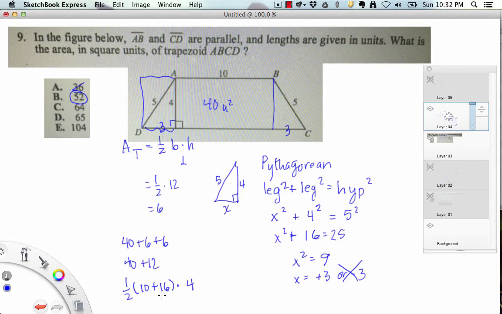So half of 26 is 13, 13 times 4, that's a deck of cards, 52. So any way we cut it up, we get the same answer, 52. But again, so many different ways to do it. So connecting this to a way that you feel the most comfortable with is going to get you closest to the right answer right away.